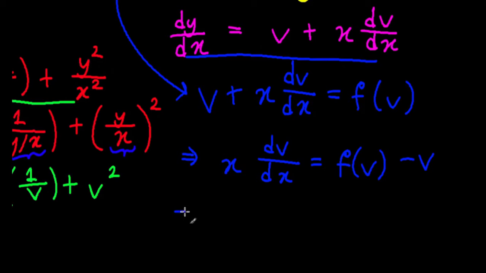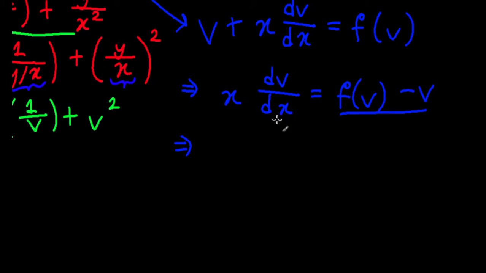Now this should be pretty apparent. Let's multiply by dx on both sides and divide by x. Also, if we divide both sides by this thing, just to bring this to the left with the dv, what we're going to get is something like this. It's just a formality to prove that this indeed is a separable equation.